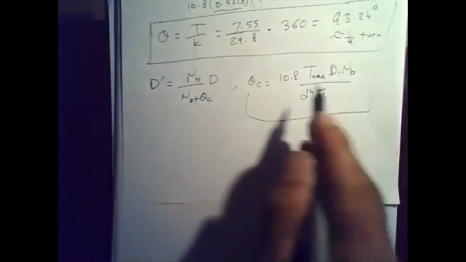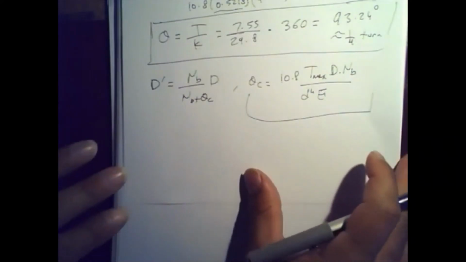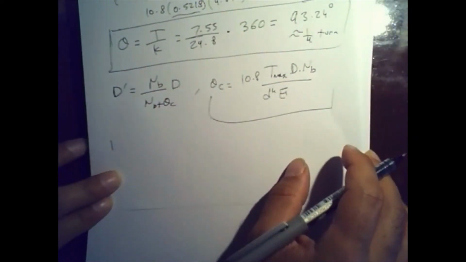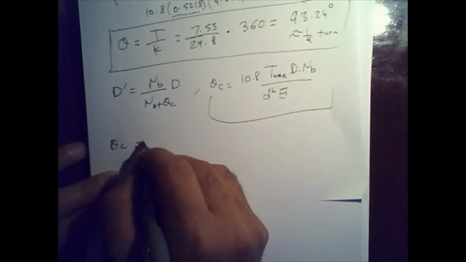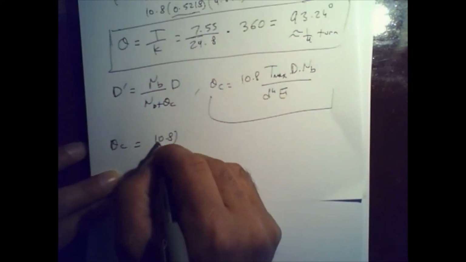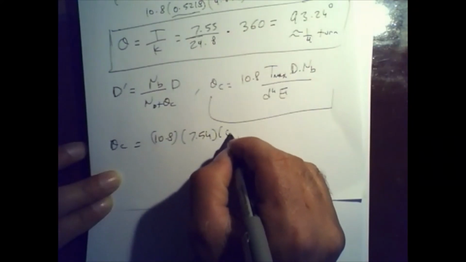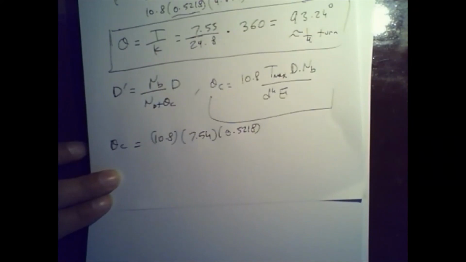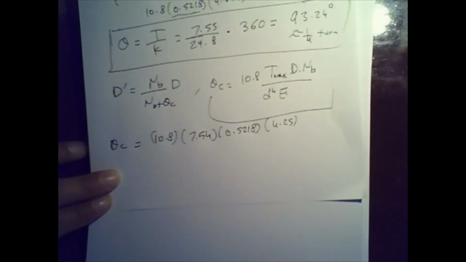So if you do this operation, you are going to calculate D prime, and let's at least first calculate theta C. So theta C is going to be equal to 10.8 multiplied by 7.54 multiplied by mean coil diameter 0.5218 multiplied by number of body coils, which was 4.25, right?